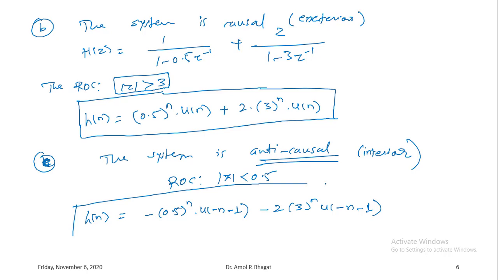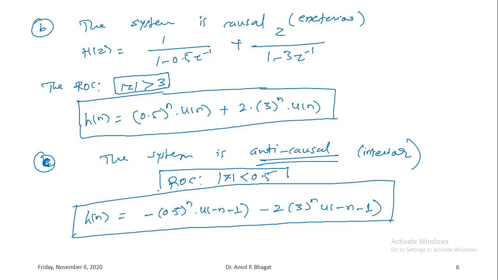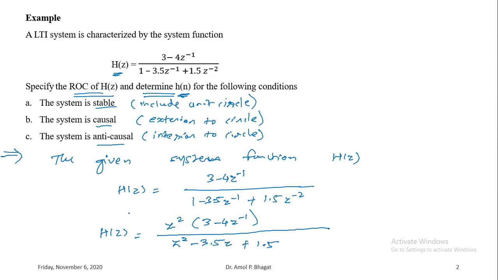So this is the required impulse response when the system is anti-causal and its ROC will be interior to the circle, that is mod z is less than 0.5. This is how you utilize the stability and causality conditions defined using the system function to identify the impulse response by specifying its ROC.